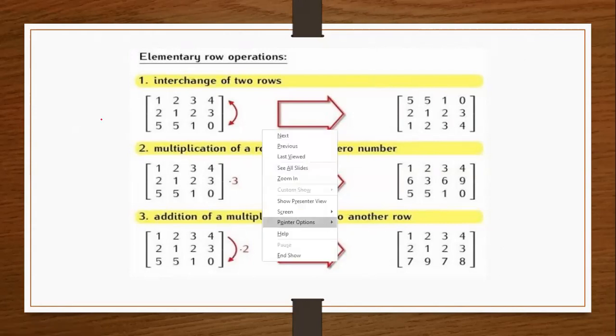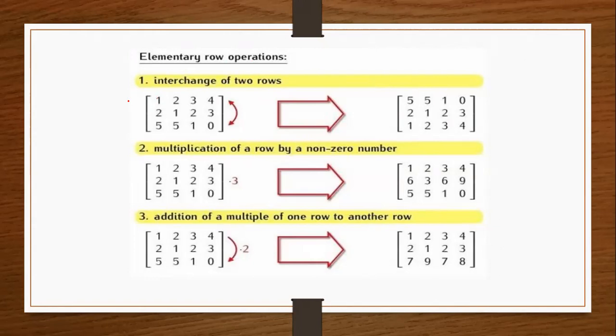One second. Yes. So here this is called the first row, right? This is R1, this is R2, and this is R3. If I interchange R1 with R3, then I need to represent it like this: R1 interchanged with R3. If you want to interchange R2 with R3, then you have to represent it like this.